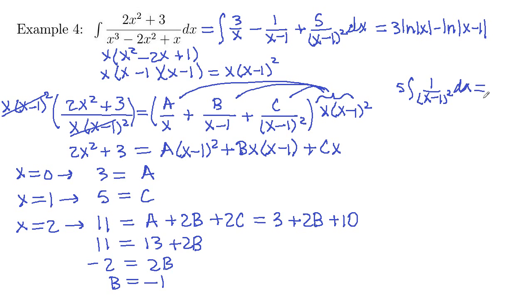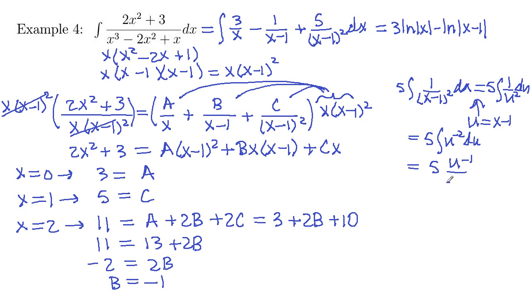So this, we could actually use a u substitution, u equals x minus 1. So du is going to be dx. So this is 5 times the integral of 1 over u squared du. So 5 times the integral of u to the minus 2 du, which will be 5 times u to the minus 1 over minus 1.